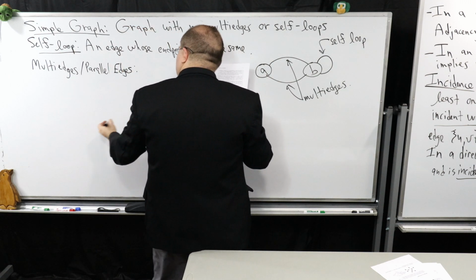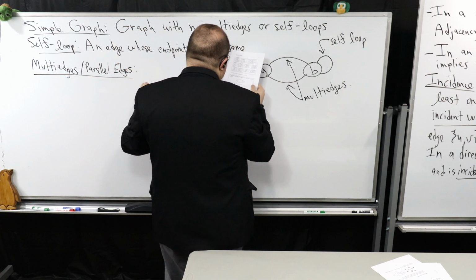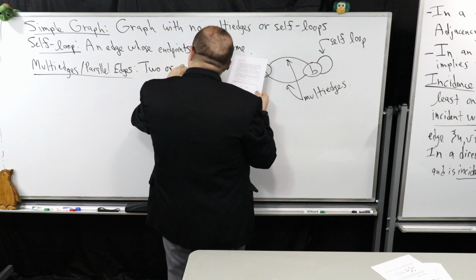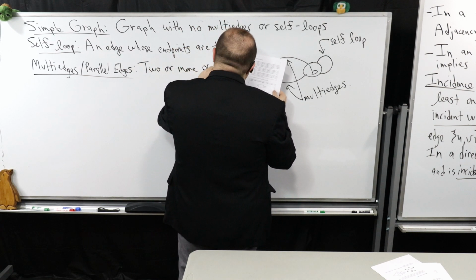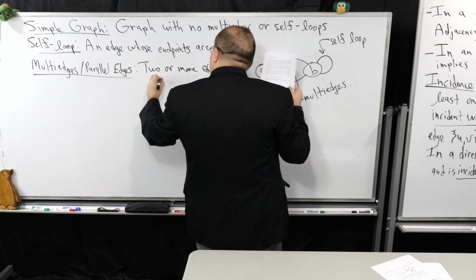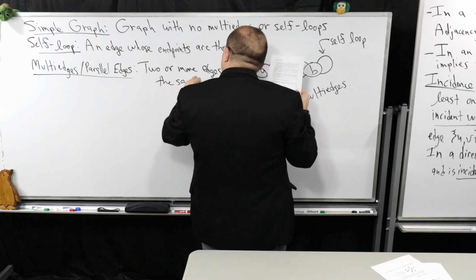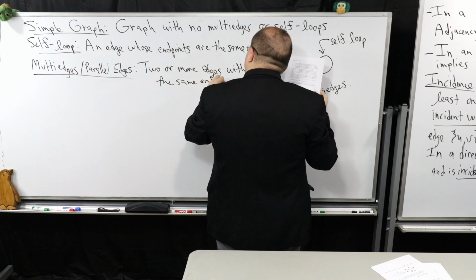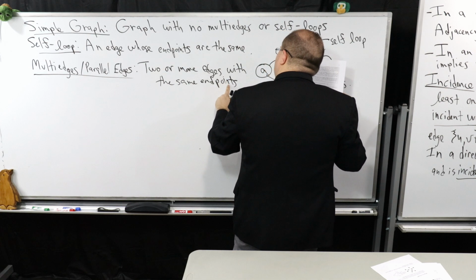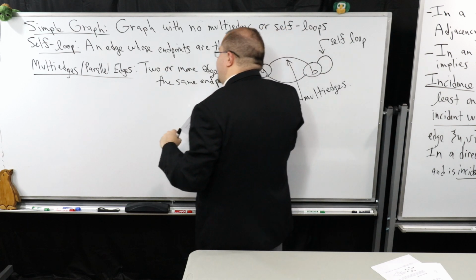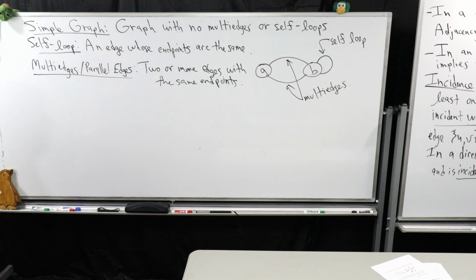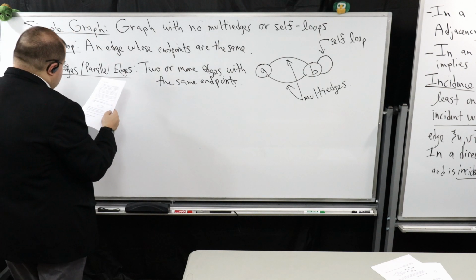So these are multi-edges or parallel edges, where two or more edges have the same endpoints. It's just that I'm allowed to have more edges between the same endpoints.